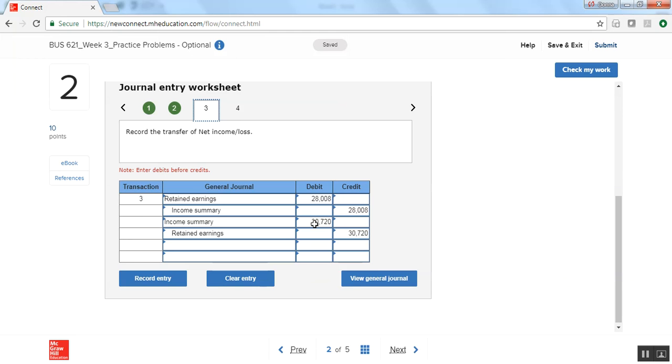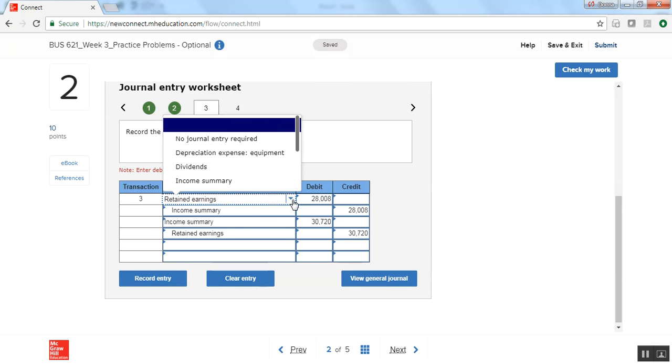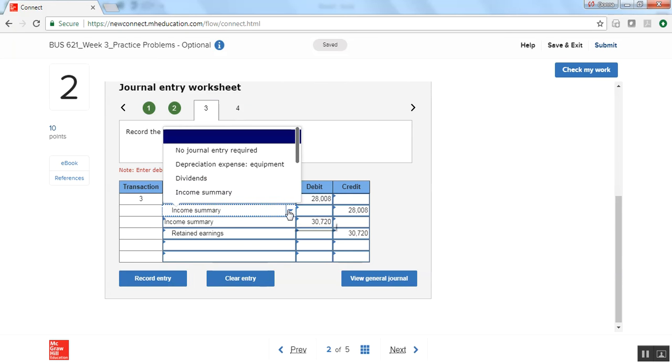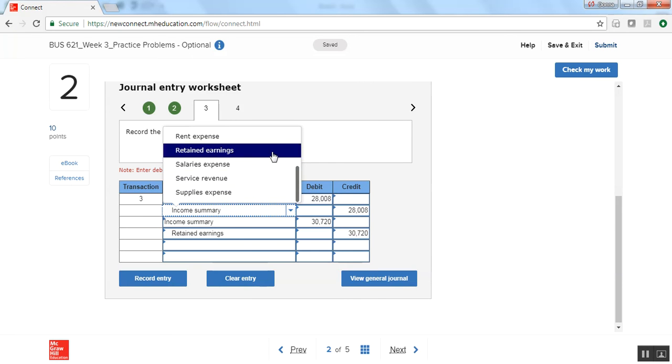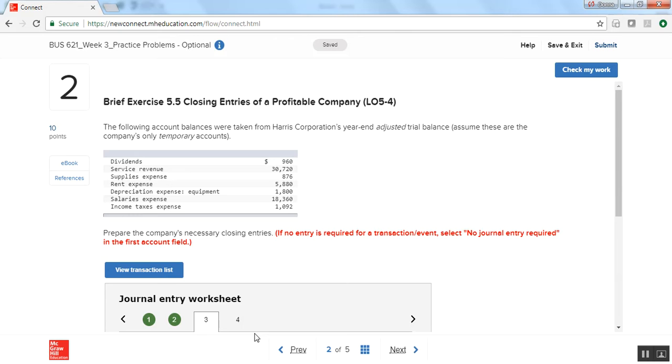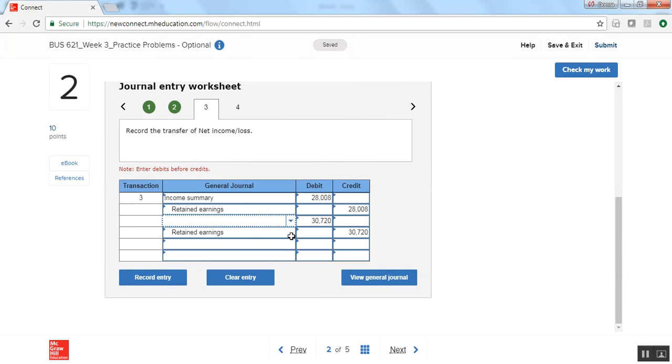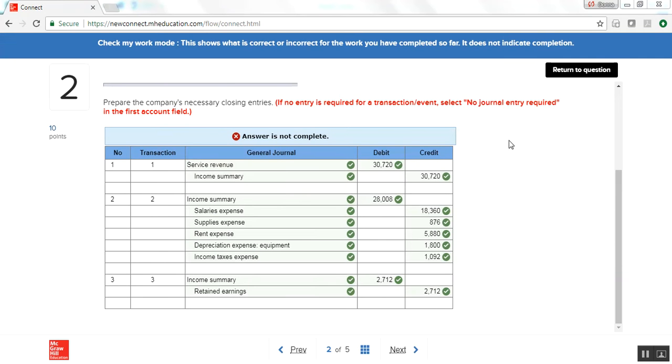I'm going to end up with a net credit balance because that's the higher number. So this is going to be income summary, this is going to be retained earnings, this is going to be nothing, and this is going to be nothing. So it's going to be 2,712. And you can see that's correct.